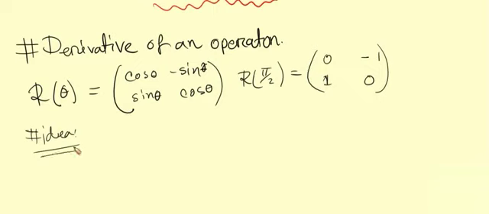So the idea to define a derivative of an operator comes from these parameters. That is, since the parameters can vary, we can define a derivative using the parameters. So let me just write the formal definition. For any operator R, dependent on theta, we can define the derivative with respect to theta.